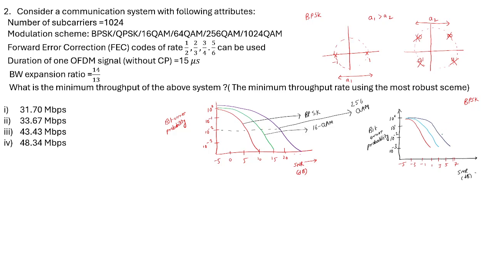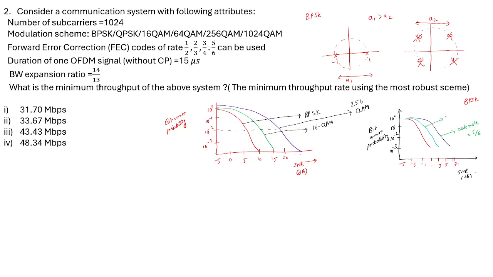So here this corresponds to a code rate of 5 by 6. It's a pretty high code rate. That's 0.833. Of course, that means every 5 data bits you are adding one redundancy bit, making the whole length 6.